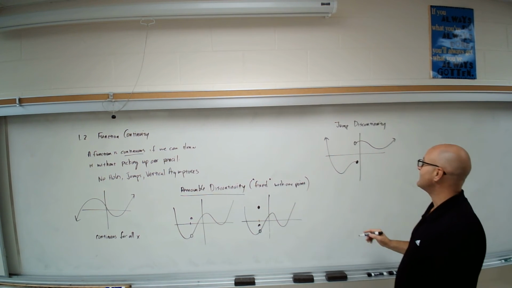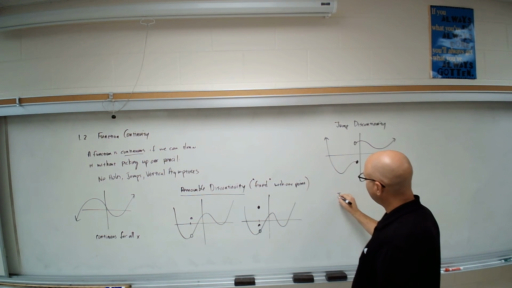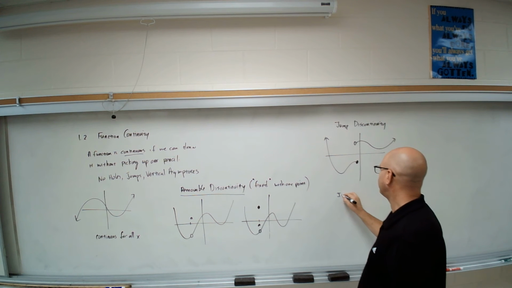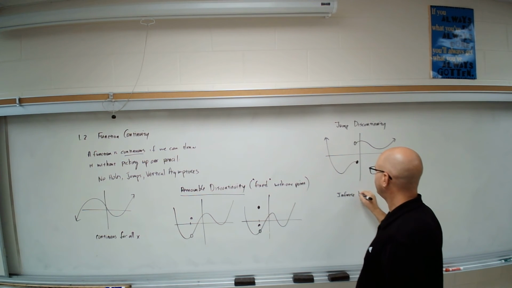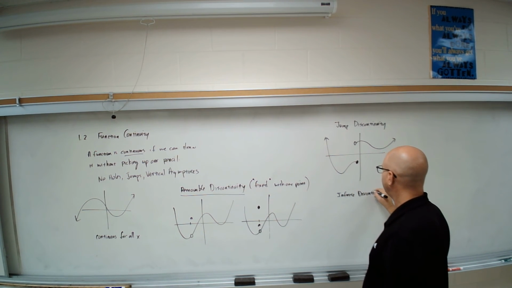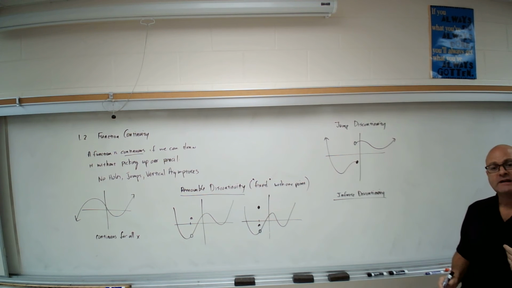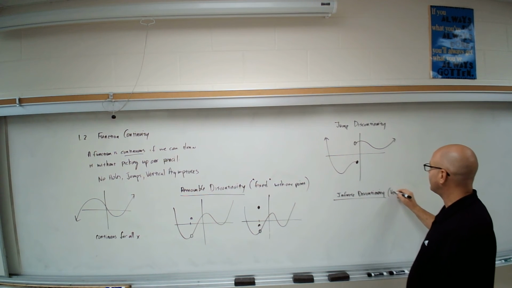The other type that we see is an infinite discontinuity. And we just looked at one of those earlier on the warm-up. For an infinite discontinuity, you're going to have a vertical asymptote.